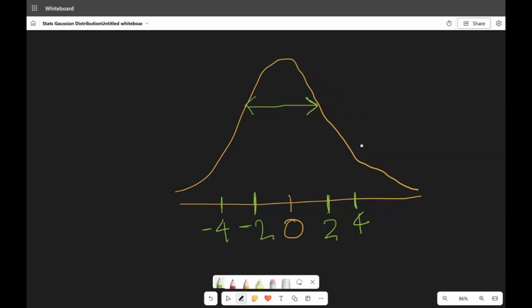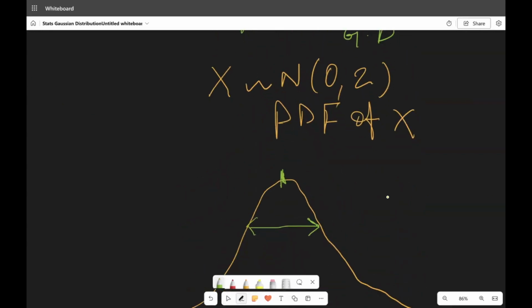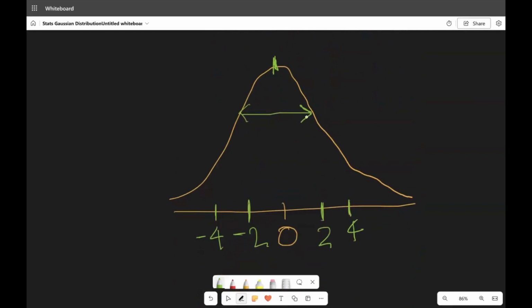Now we will see how to get the shape. Is the bell shape more understandable? The peak of the bell shape is always at mu. Here my mu is 0. Fine, and this is my peak. Let's take a quick example. First, I have taken this random variable x and plotted it with a mean of 0.